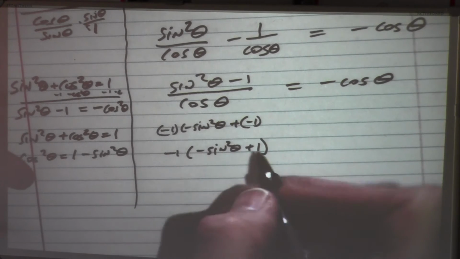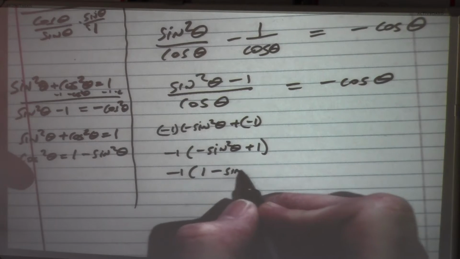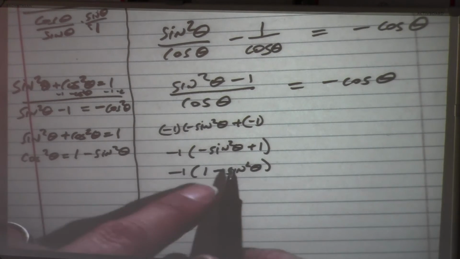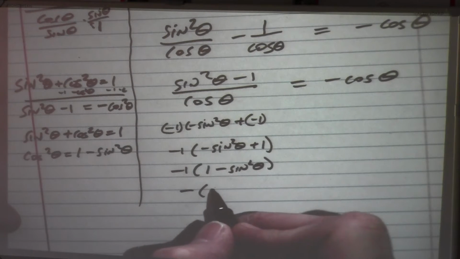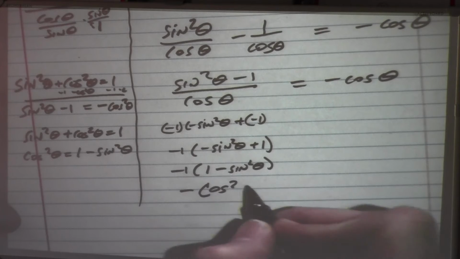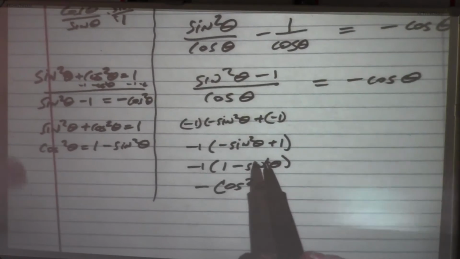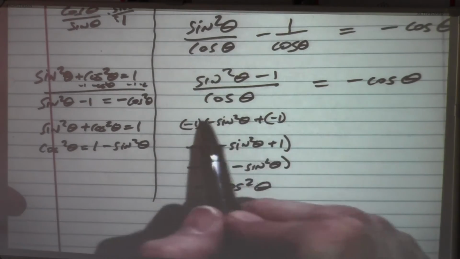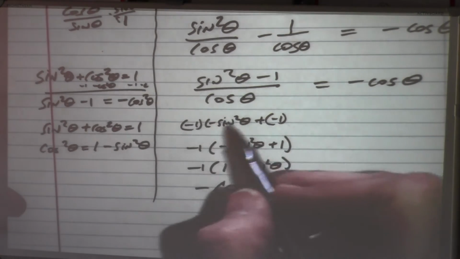So I can rewrite that as negative 1 minus sine squared theta. And 1 minus sine squared theta is cosine squared theta, so I can put that in here and get negative cosine squared theta. So taking out a negative 1, or rewriting it with negative 1s so that you can take out a negative 1, is a good technique to do.